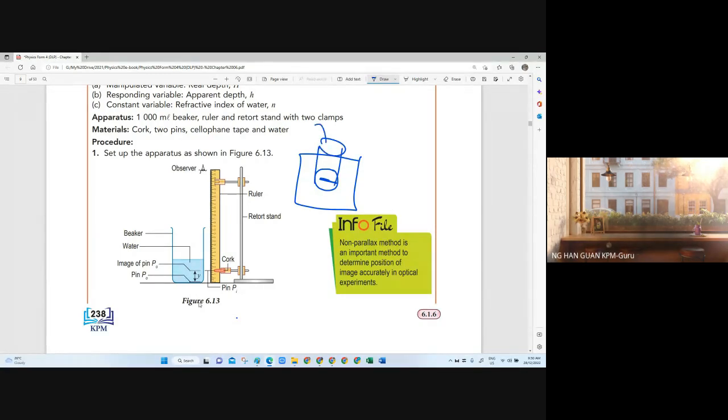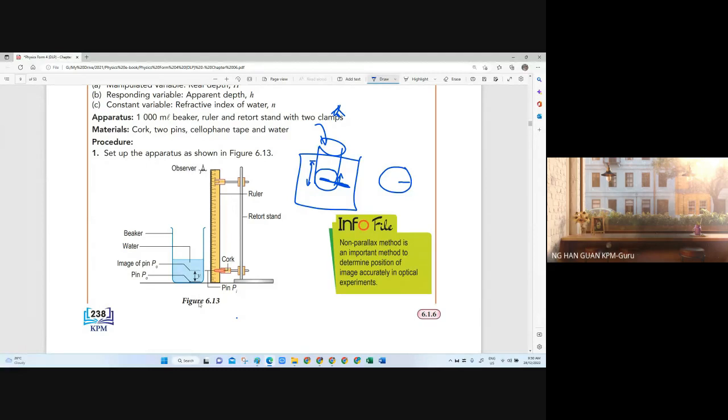Then fill in the water. After that you can use any pin or pen. With a specific height of the water, the actual depth of the water, you move the pen up from the bottom of the water. When you look from the top view, the pen has to align with the line that you drew.